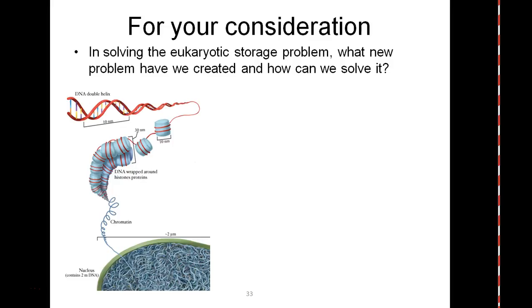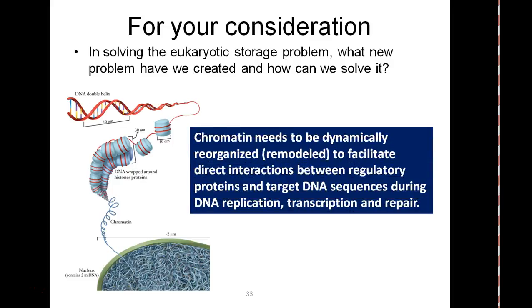Yes, so we talk about chromatin remodeling. So chromatin remodeling is necessary in order to facilitate DNA accessibility for those different DNA templated processes in order for this DNA to function in the context of the cell.